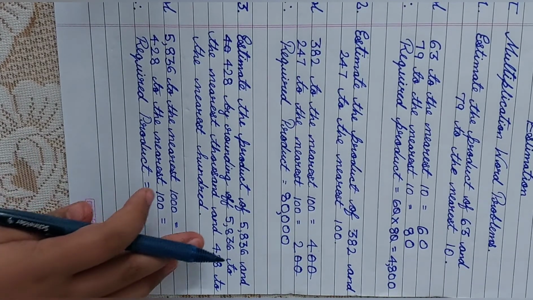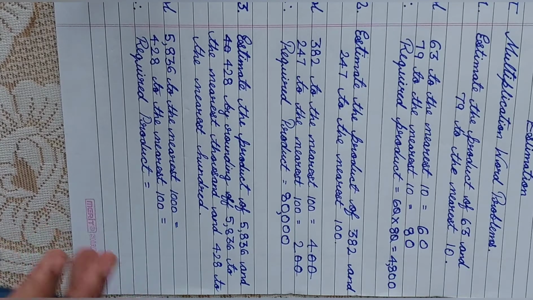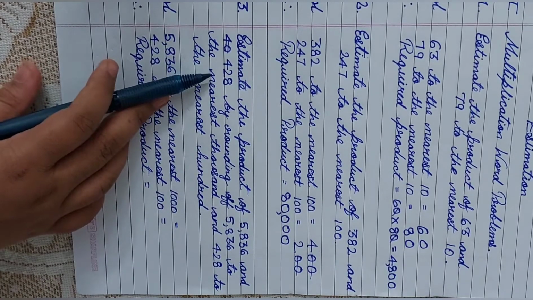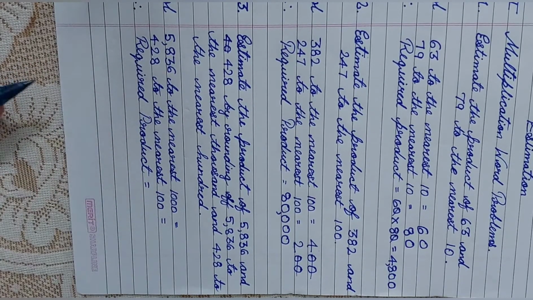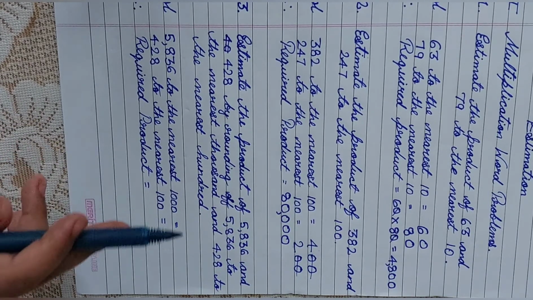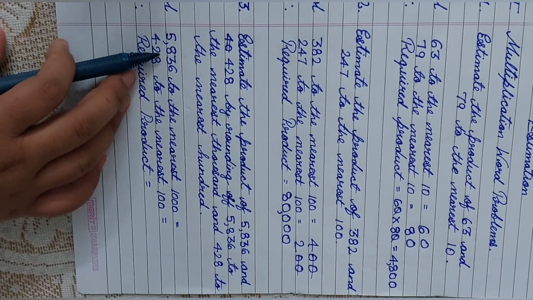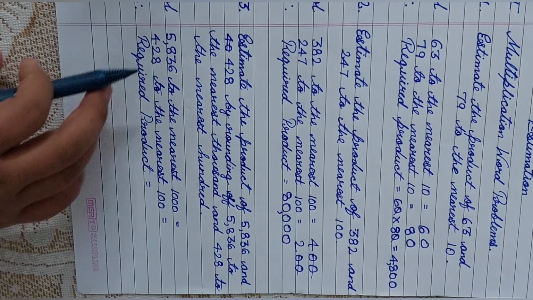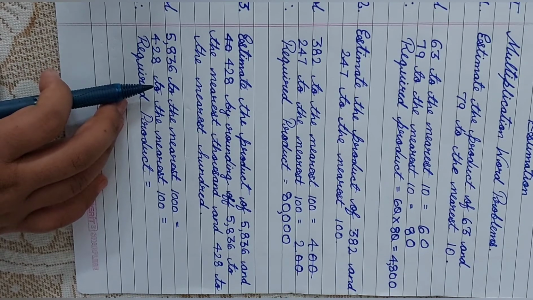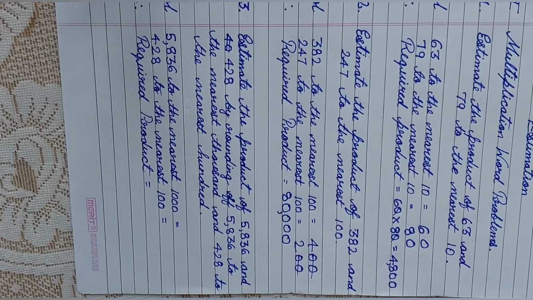One number they have told to round off to the nearest 1,000 and one number to the nearest 100. So which number is to be rounded off to the nearest 1,000? That is 5,836, and 428 we have to round off to the nearest 100.